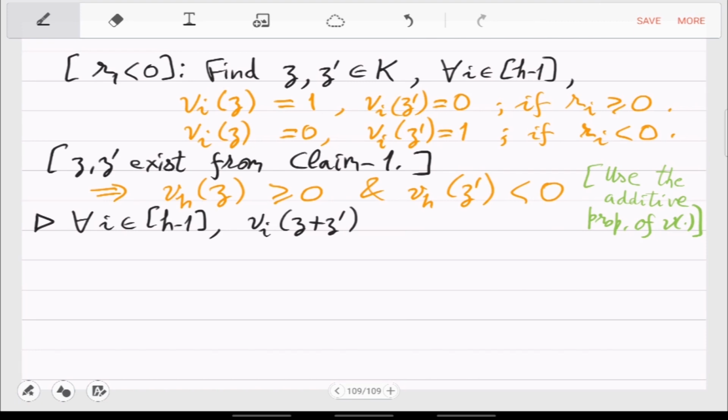So for example, in the above part, you know that Vi of Z, if you look at the Z valuations, I guess you just have to compare 1 and 0 and pick the smaller one. So that will be 0.